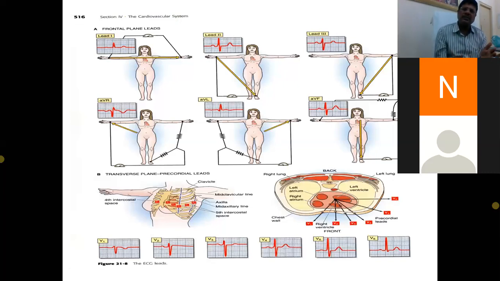Why are the ECG waves not the same in all the leads? Same ECG, same heart, then why in the leads are you getting different recordings?